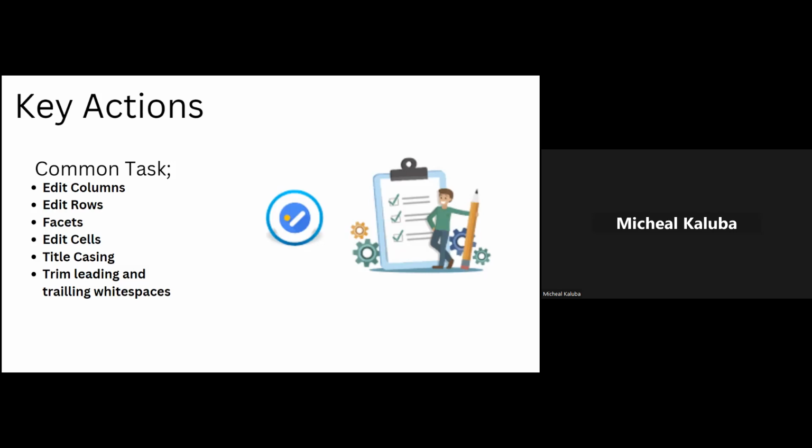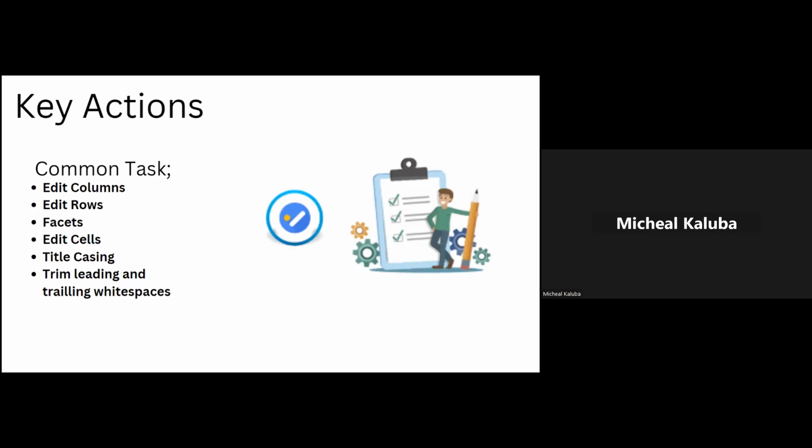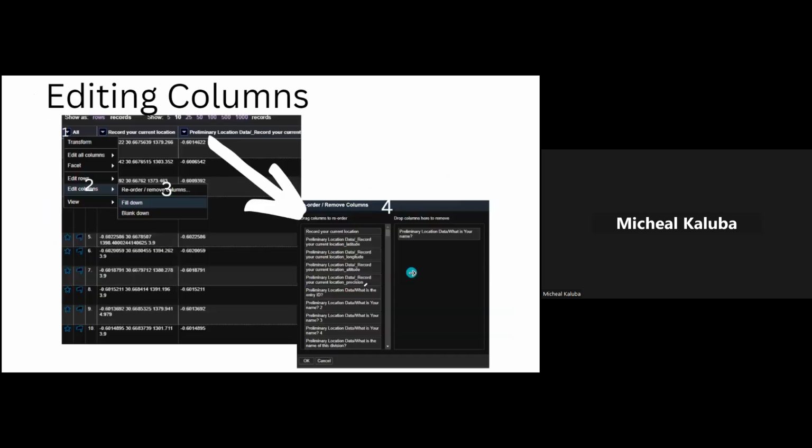We shall also talk about cell editing, title casing. We shall also talk about trimming, or trim leading, and then the white spaces, which involves clearing or eliminating unwanted spaces within our data.